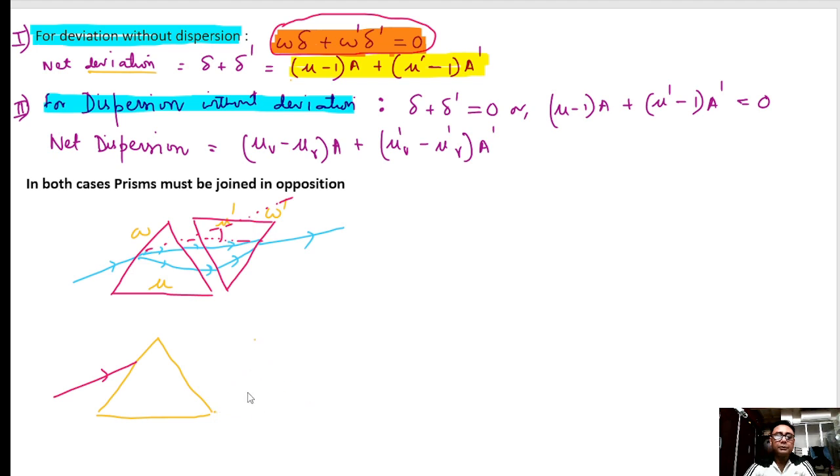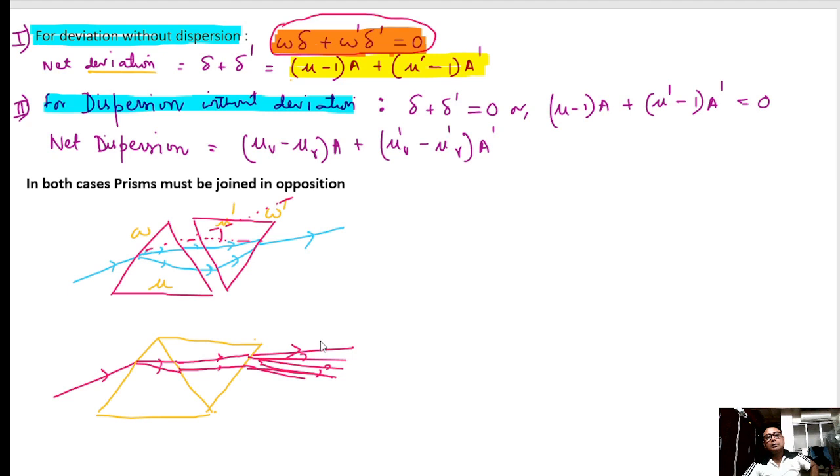This prism will be drawn opposite, somewhat like this.